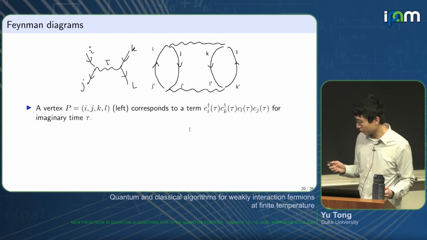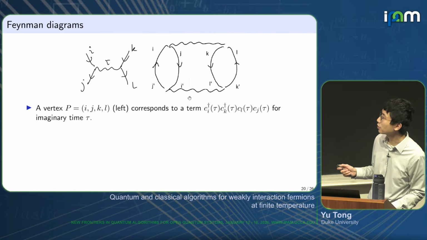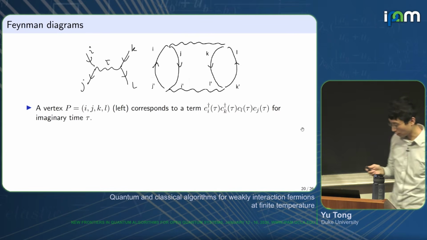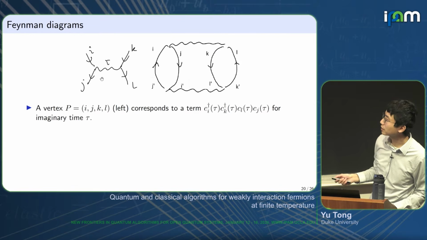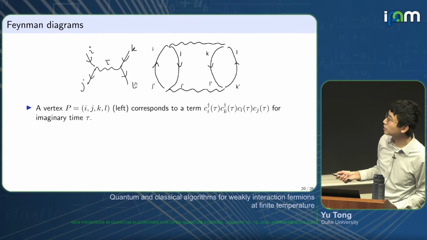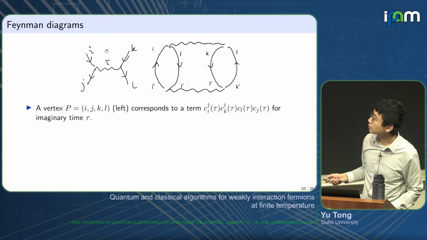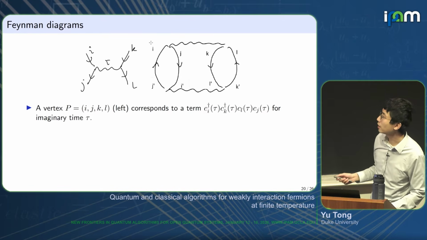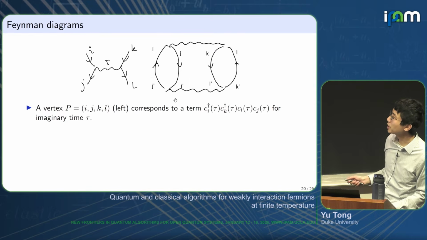For some background, what is a Feynman diagram? A Feynman diagram consists of vertices, each corresponding to an interaction term in this V here, evaluated at a certain imaginary time. Each vertex has 4 indices if V is 4-local, 2 of them going in and 2 going out. The Feynman diagram comes from having a bunch of vertices and contracting those indices together.